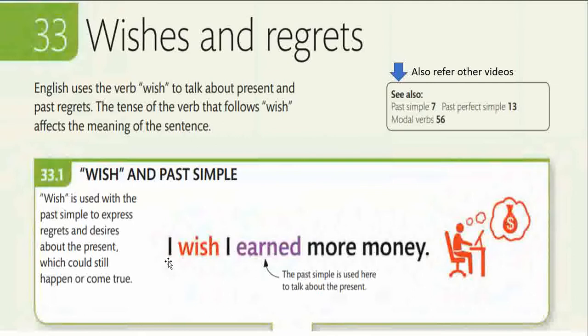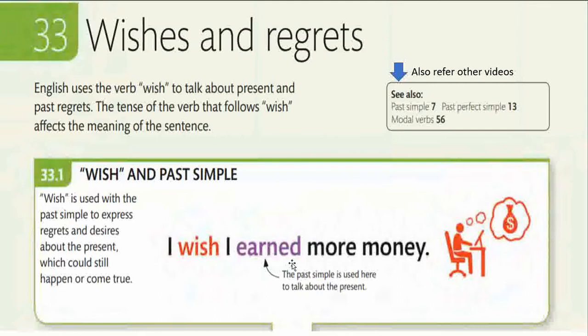For example, the sentence that we have before us is: I wish I earned more money. Now over here, I wish is the starting strand that we are using for expressing a wish. I earned. Earned is in simple past. The present tense is earn, past tense is earned.